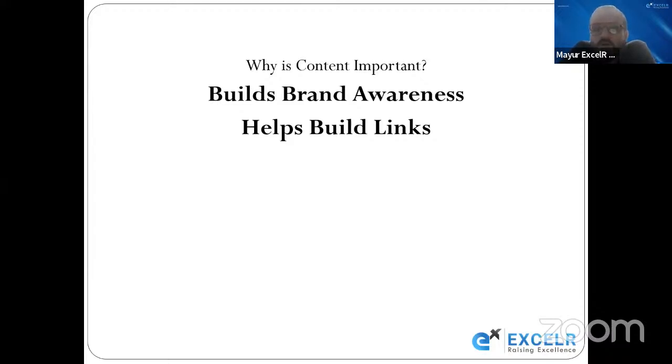Okay, so one of the most important things when it comes to SEO, search engine optimization. One important technique of search engine optimization we call off-page optimization. So what exactly is off-page optimization? It is building links. And what exactly is building links?